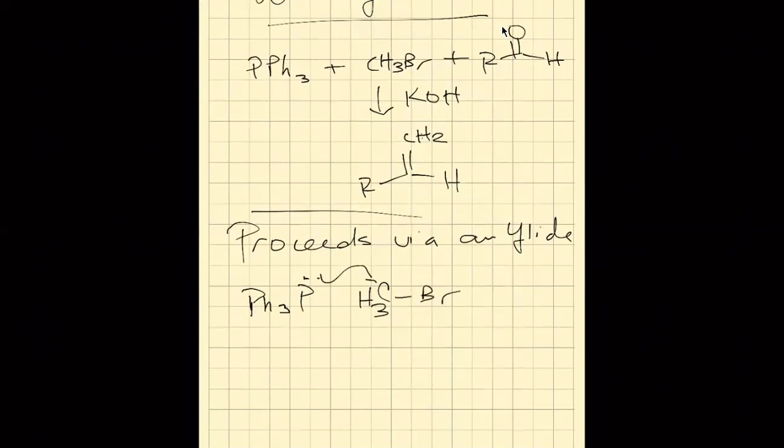So you do a substitution, right? And then you end up with this. This is positive, and then the negatively charged bromine is just hanging out like a salt.